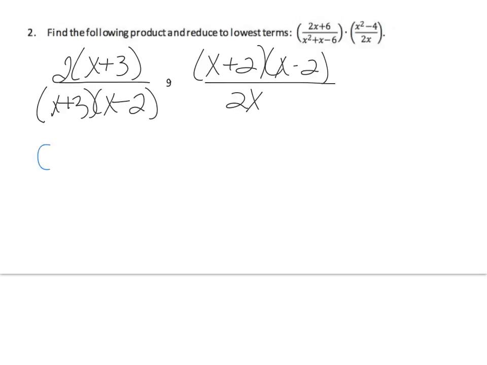All right, the greatest common factor between the numerator, actually let's multiply it out first. Well, yeah, we'll get to the practice.